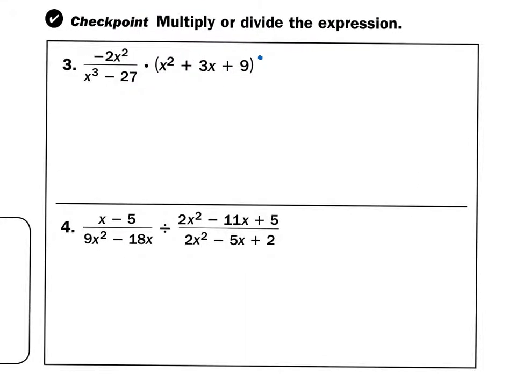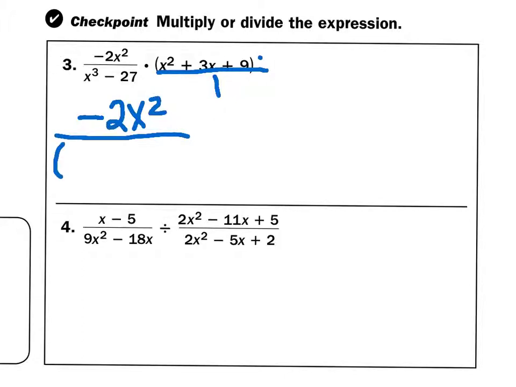Okay, checkpoint. Multiply or divide. Draw it over 1, factor it out, 2x squared, difference between two cubes, so a minus b, 27, what's the cube root of 27? It's 3, times a squared, so x squared.